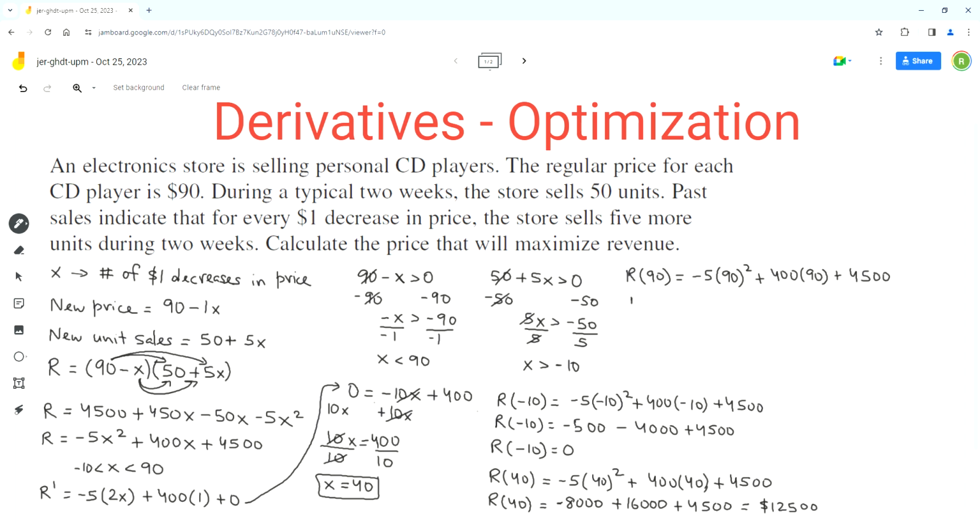So negative 5 times 90 squared is equal to negative 40,500, and then plus 36,000 and then plus 4,500, and when we combine the terms, we get 0. So that means the revenue is maximum at x equals 40.